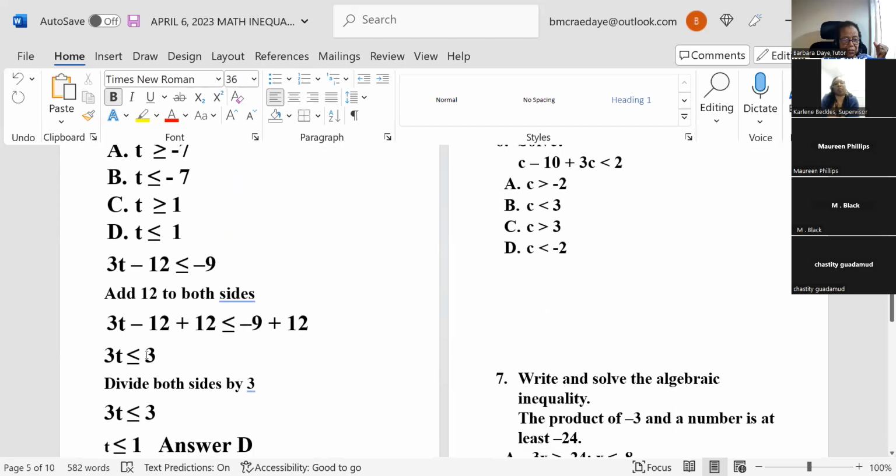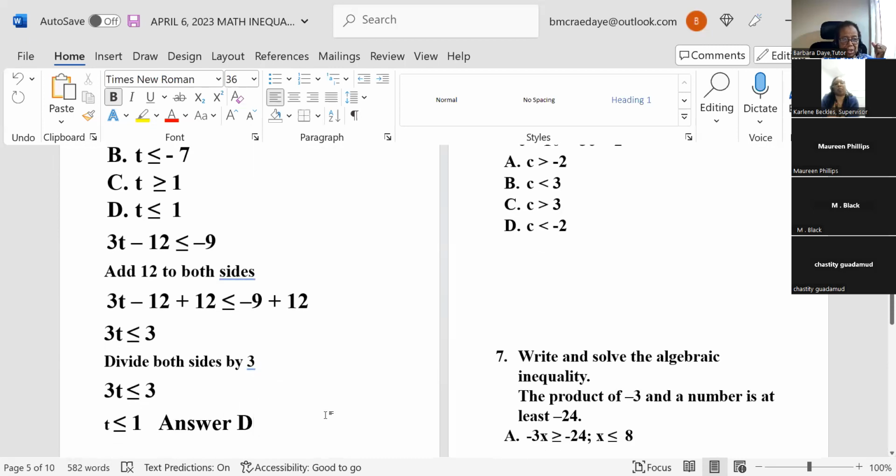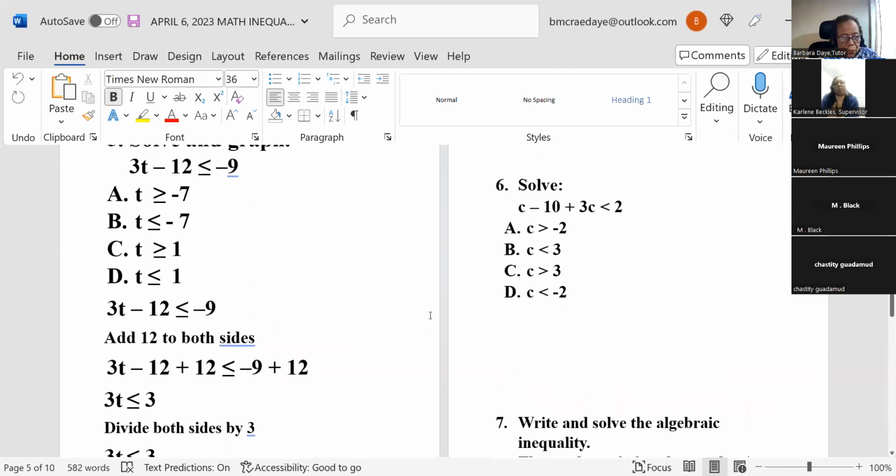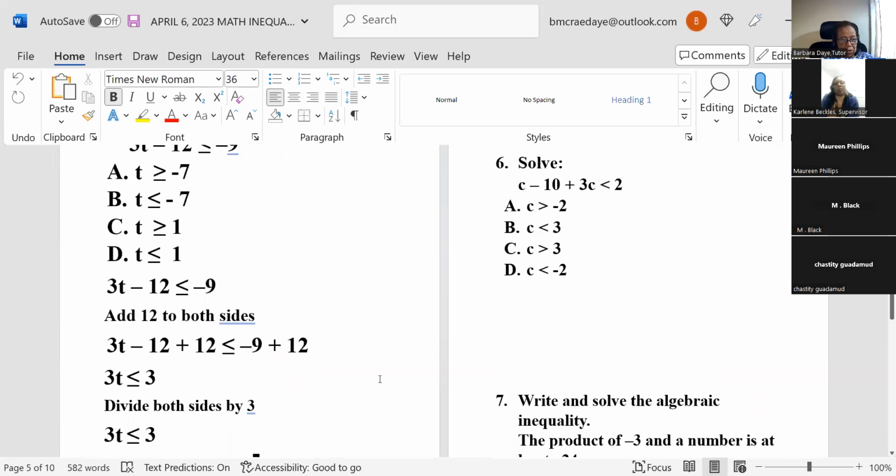And that's how you got the 3. Now, this is where you divide, because this is side by side multiplication. 3t means 3 times t. Divide both sides by 3, and you get t, and 3 divided by 3 is 1. So less than or equal to 1. Answer D. Questions on number 5? No, miss. Thank you. Mercedes, you got that answer? Yes, miss. Very good.